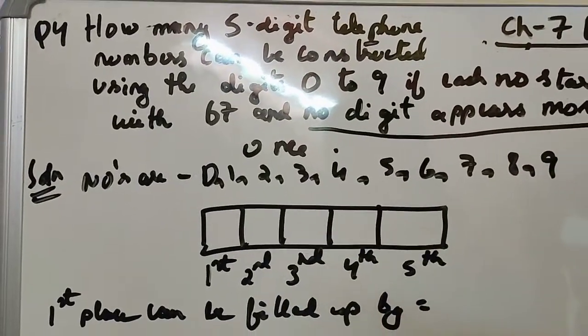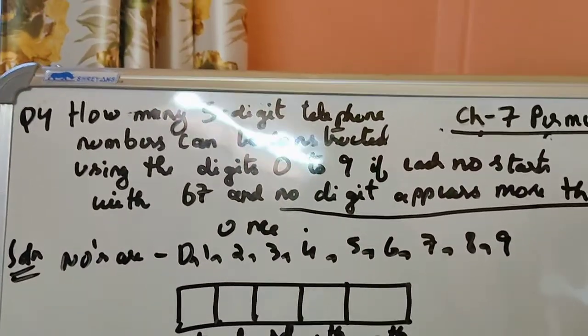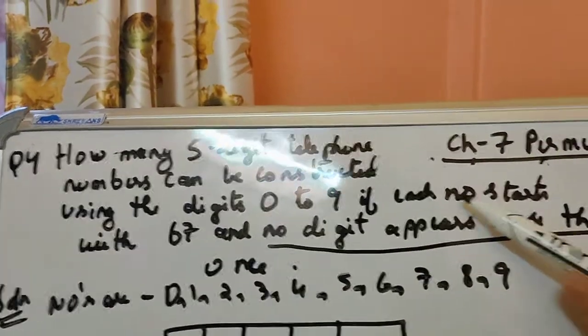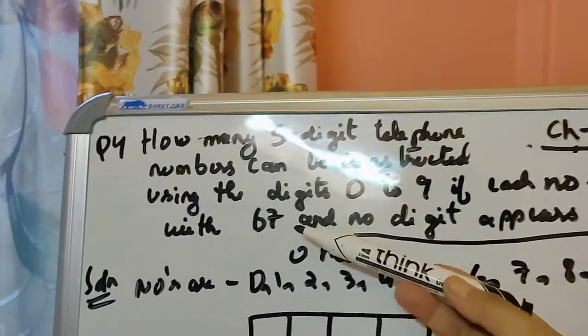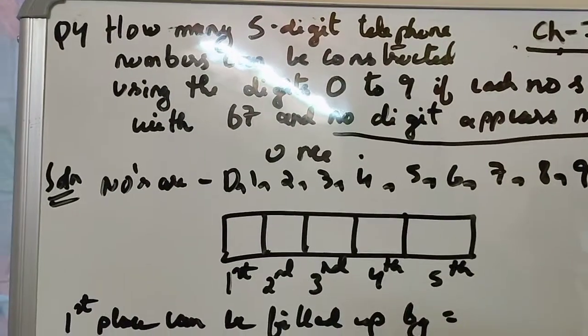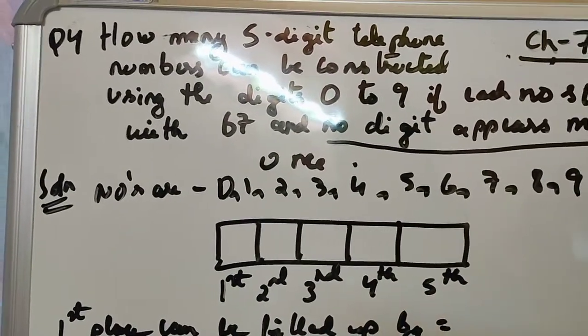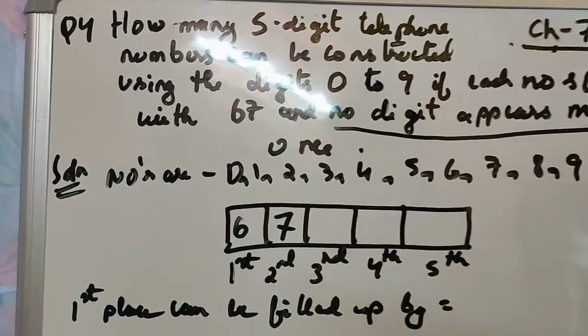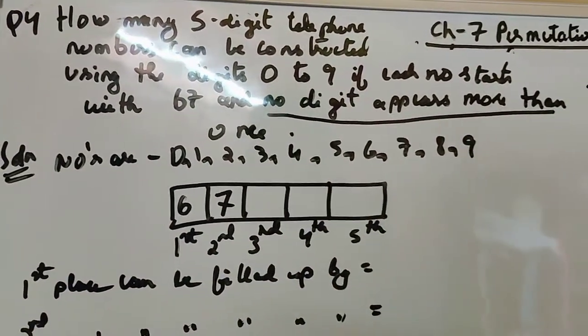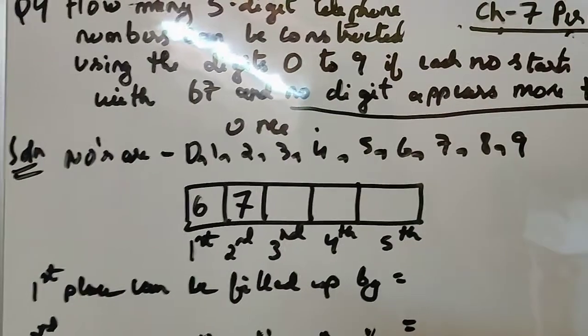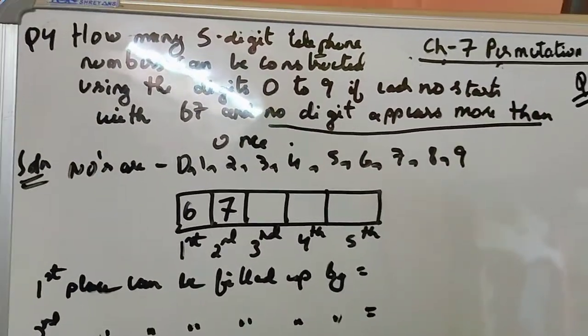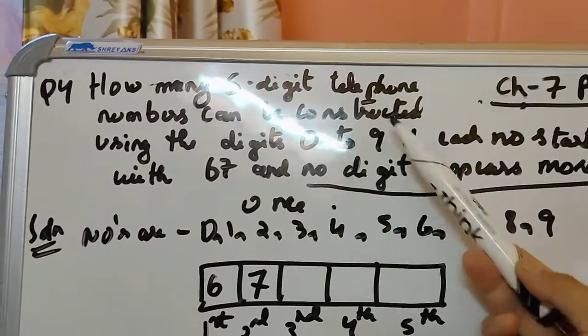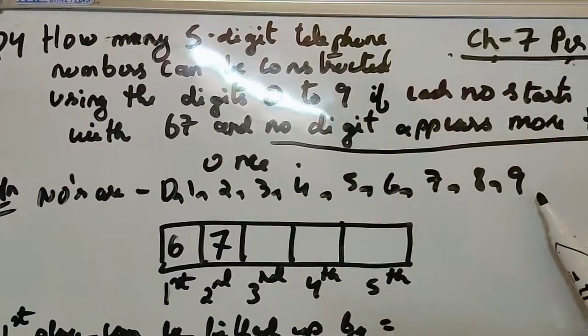Make 5 boxes. But the condition given here is that each number starts with 67. That means the first and second places are booked. The first number will be 6 and the second number will be 7. Now we have to select the remaining 3 digits from the numbers 0 to 9.